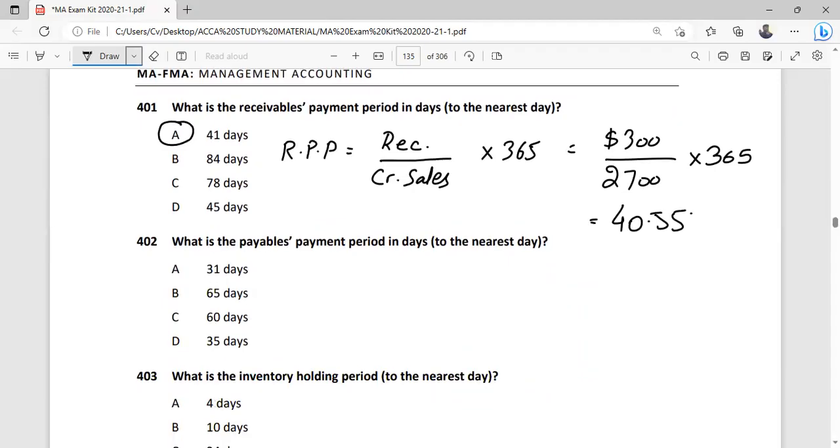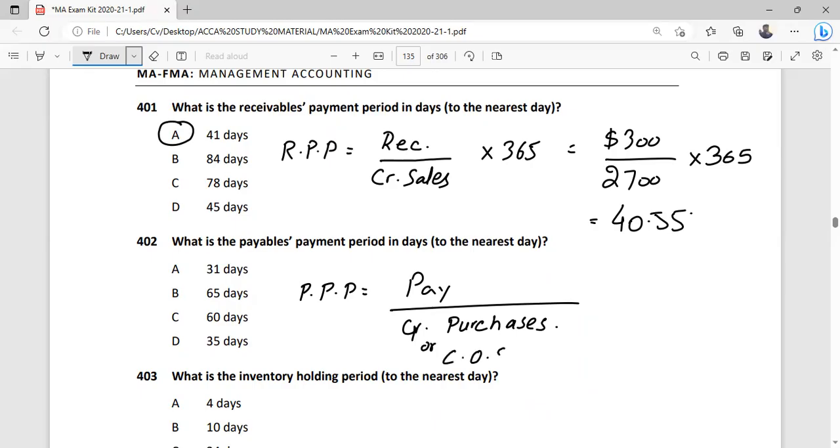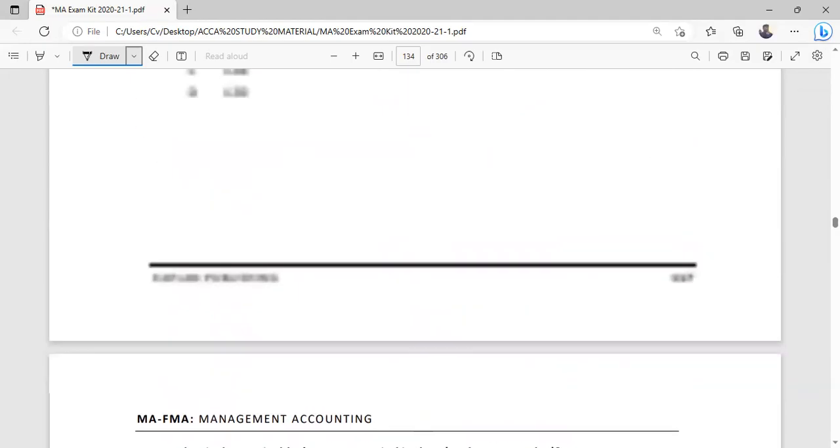Then we have payables payment period, which is equal to payables divided by credit purchases. If credit purchases are not provided in the question, then you can use cost of sales as a second measure, into 365.